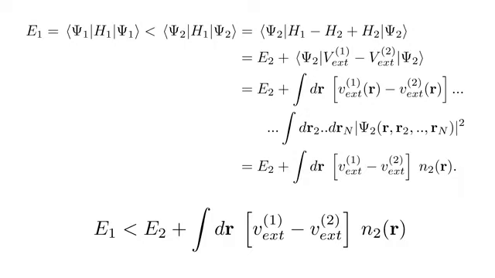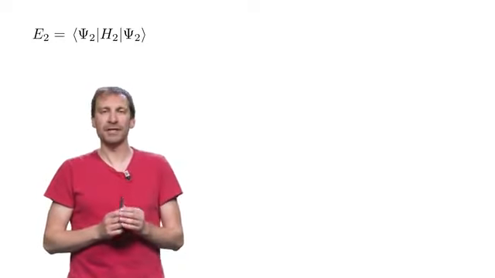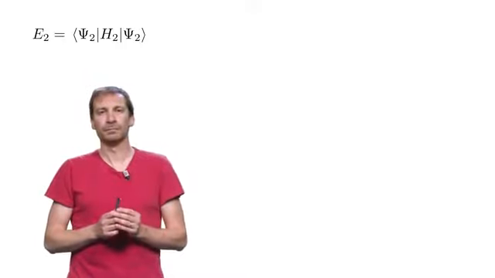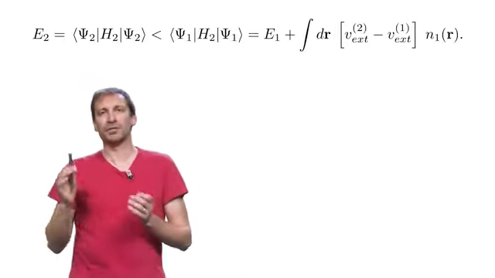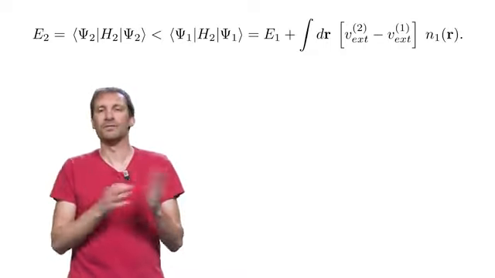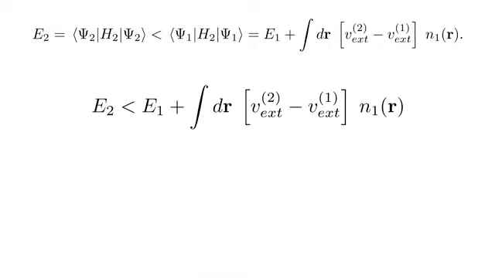But now, let's do the exact same reasoning, but starting from the system described by potential 2. We write total energy 2, and we do the same procedure in which we essentially change the label 1 with label 2 and vice versa. We arrive at the conclusion, like before, that E2 is smaller than the sum of E1 plus an energy functional of the external potential difference.